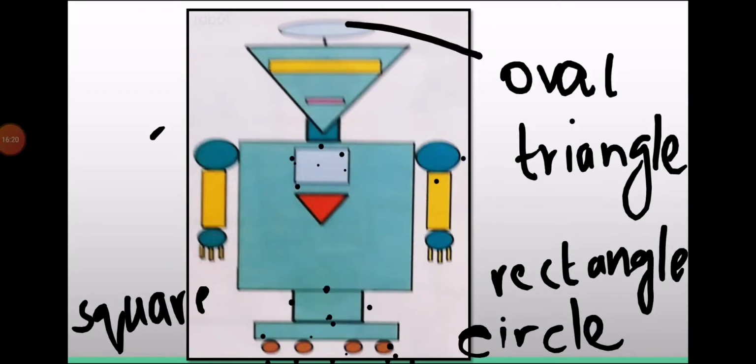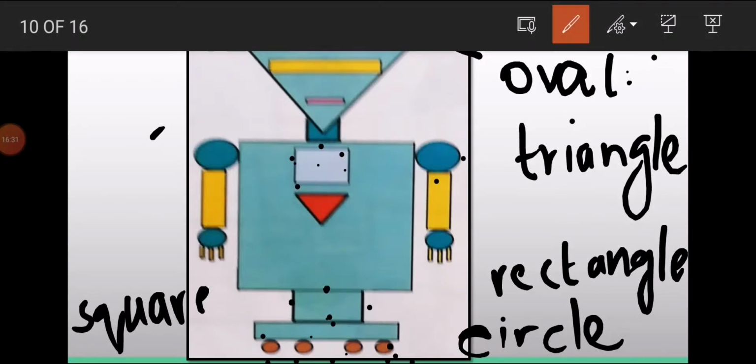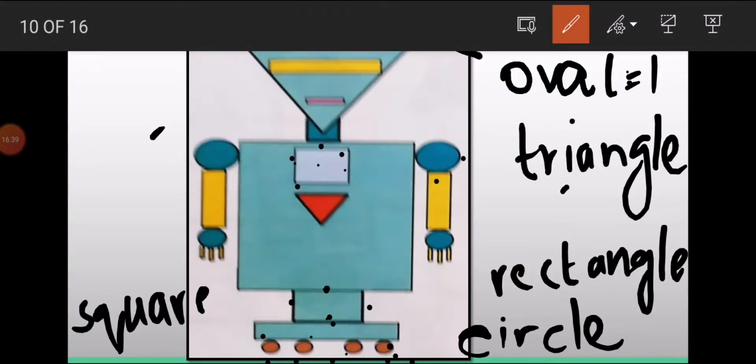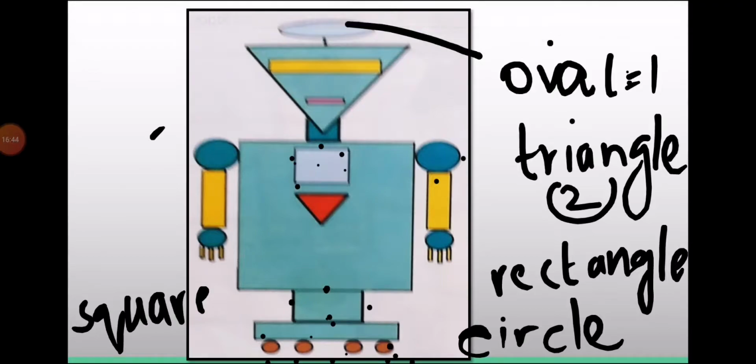So now we will count how many oval, how many rectangle, how many circles are present here. So first we will check how many oval. There is 1 oval. So we can say oval is 1. Right? Now count the triangles. 1, 2. Only 2 triangles are present here. So triangles are 2. Now look at the rectangles.